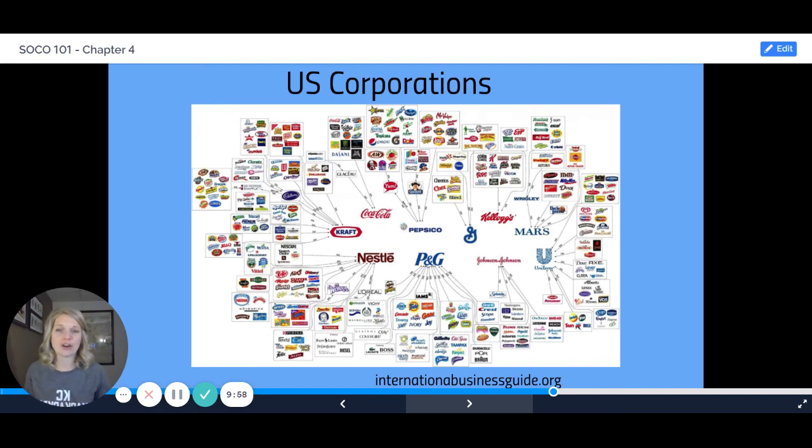There's a lot of information out on the web about U.S. corporations and how there are basically about 10 corporations, less than 10 actually, that own all of the goods that we purchase, and how it's becoming like a monopoly. And those of you that have taken an economics class or even a history class have learned how dangerous it is when we limit choice.